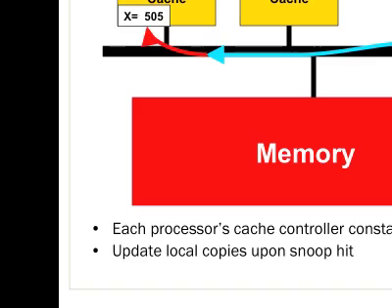And that's the one you proposed to do, right? So this is the so-called update-based protocol. In this case, the new value will be used to update the stale value in the cache of processor 1.